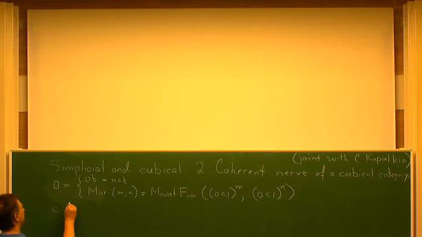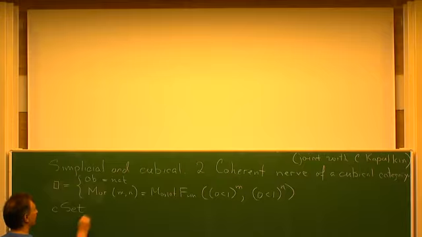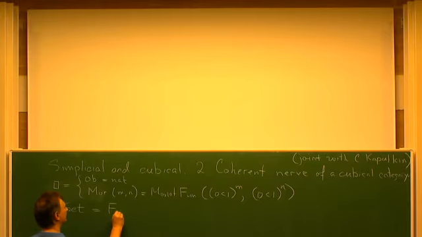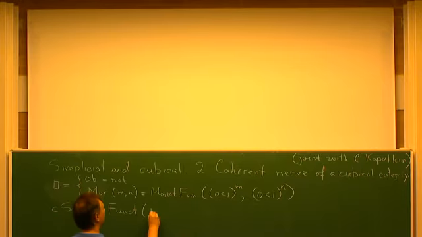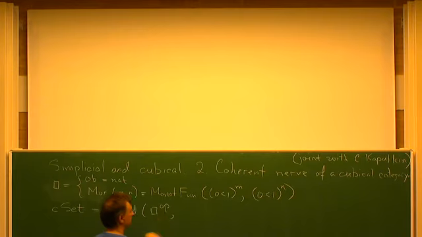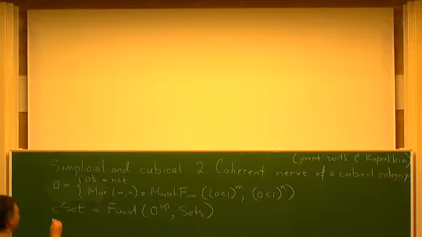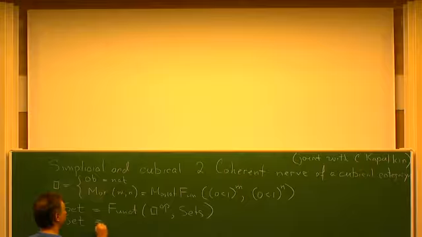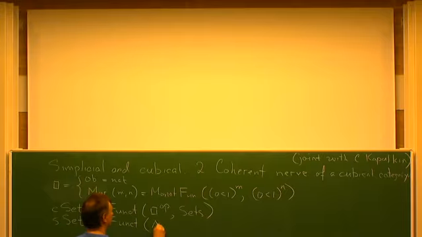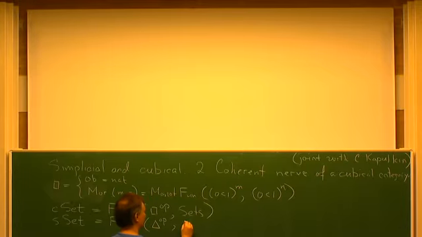So we say the category of cubical sets is the category of contravariant functors, or just functors from the opposite of the category of cubes to the category of sets. Similarly to how the category of simplicial sets is the category of contravariant functors from the simplicial category to the category of sets.